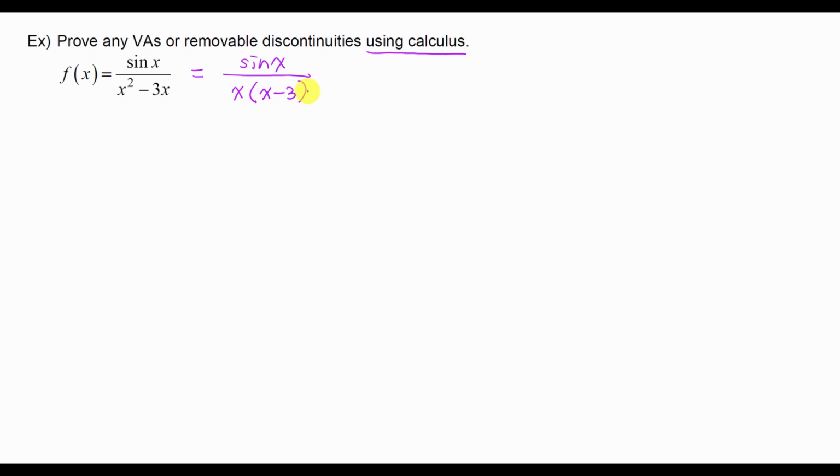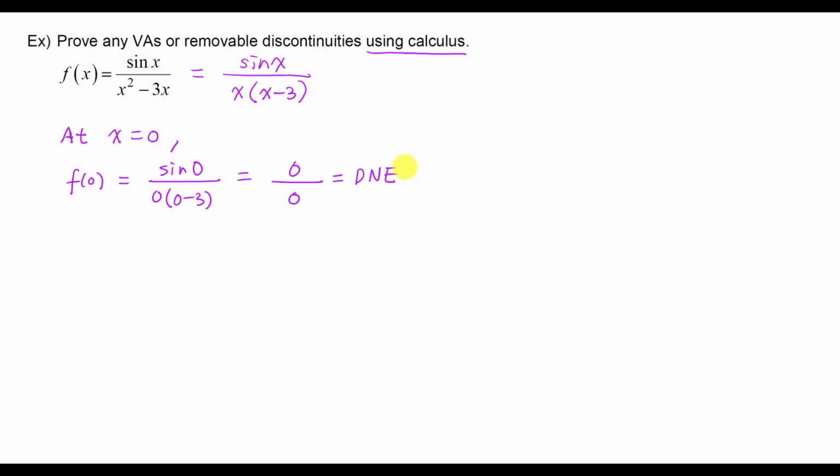So let's take a look first at x equals 0. At x equals 0, f of 0 is equal to sine of 0 over 0 times 0 minus 3. And sine 0 is 0 over 0. So this is undefined. What we're trying to say is f of 0 does not exist.